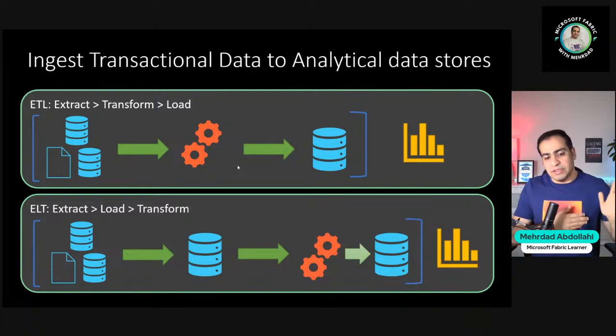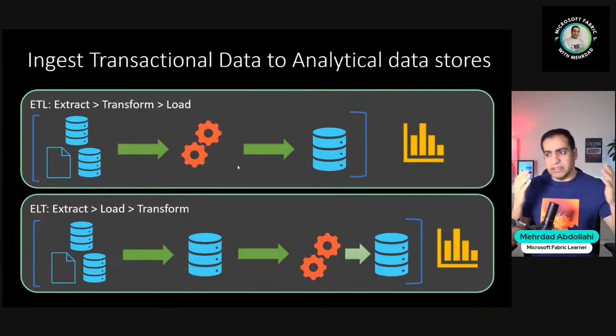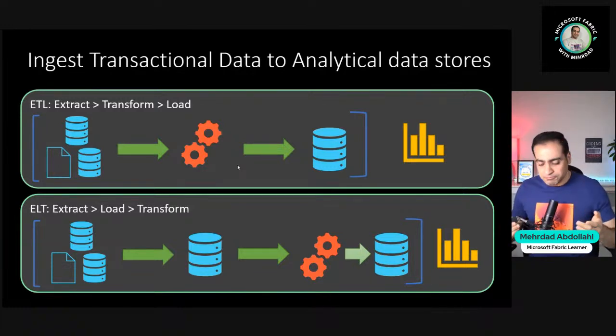The other type is ELT, where we extract data, load it somewhere, in the lakehouse or data warehouse for example, then we transform it and again load it to the warehouse for analytical purposes. It depends on different situations, on what you are looking for, and how your data is going to allow you to load and transform it.